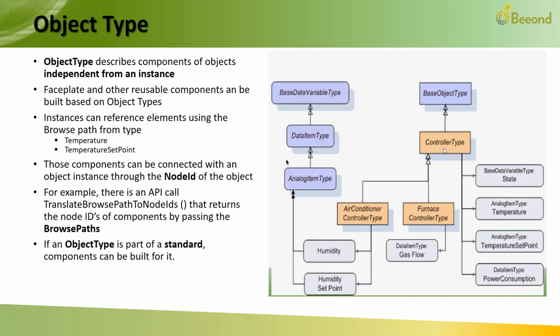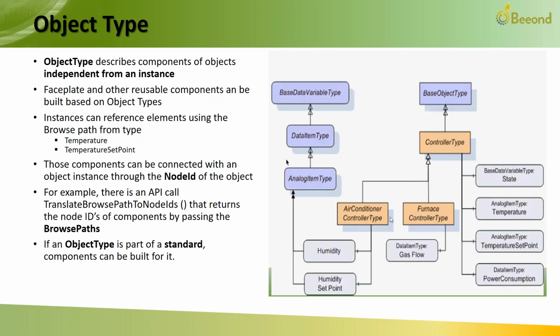We have a controller type, and the controller type is a type that has these variables: a state, temperature, a set point, and other measurements that your controller might expose. Further along, you can specialize your derived controller type into other subclasses.